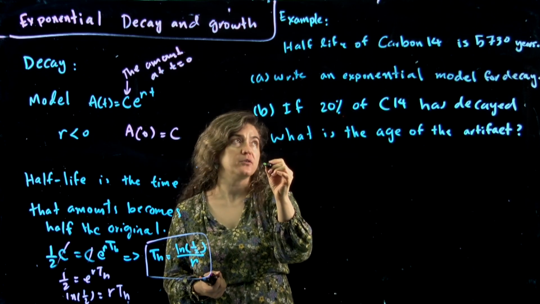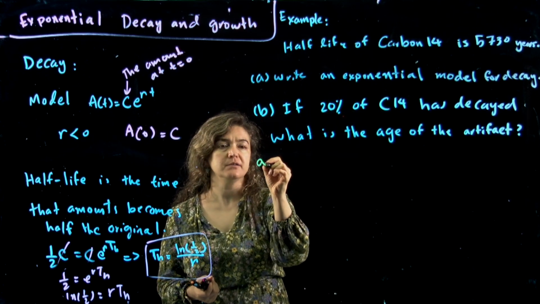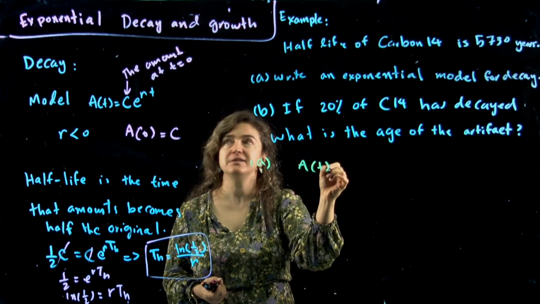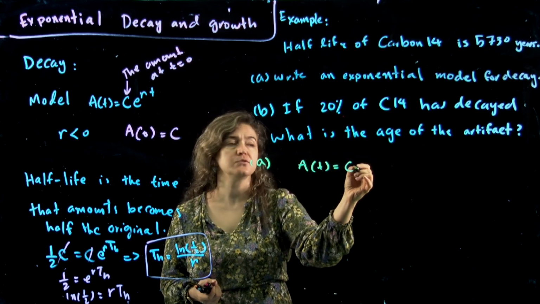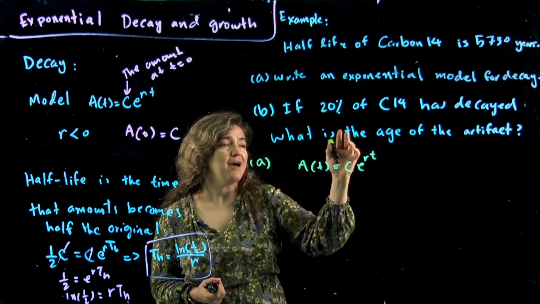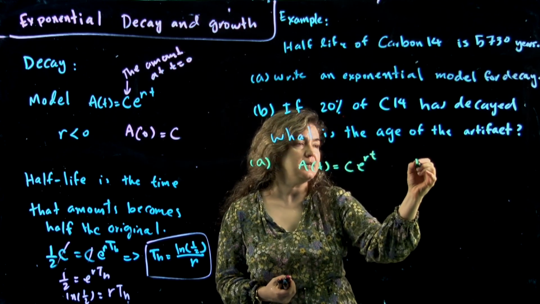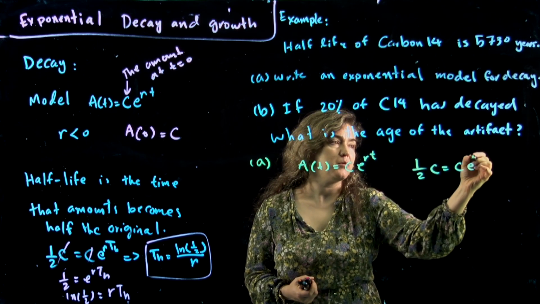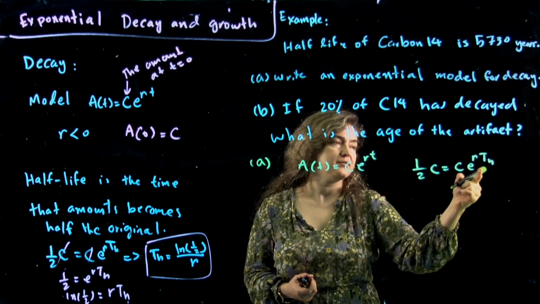When you're writing a model, you usually write A of t, amount at t, is equal to c e to the power rt. Now, half-life means if I plug it in, I get 1/2 of c equal to c e to the power r times t half.